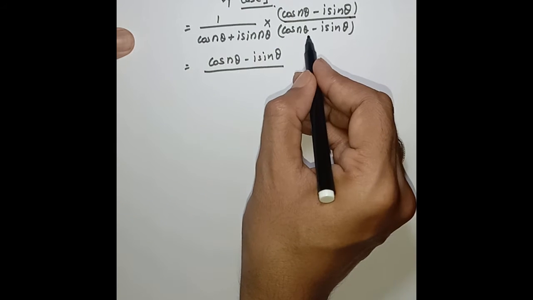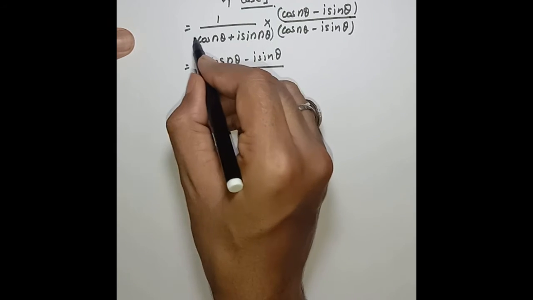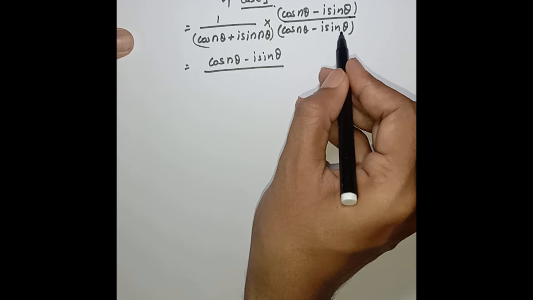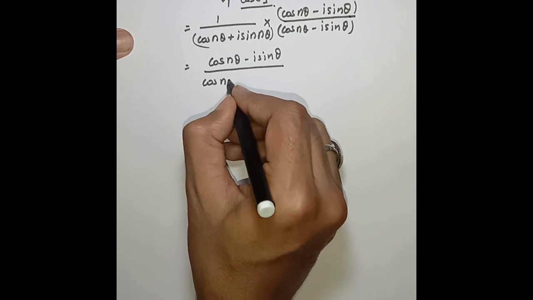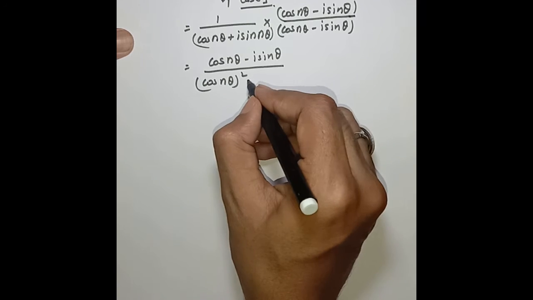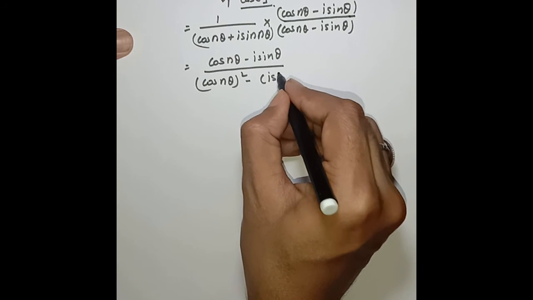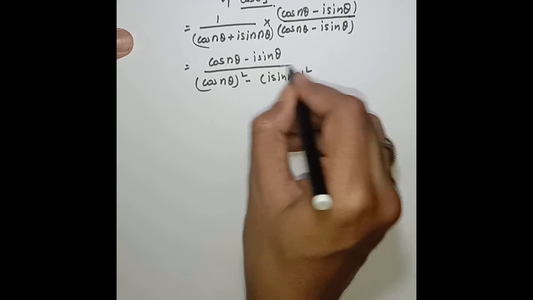In the denominator we can see that (a plus b) into (a minus b) gives a square minus b square: cos nθ whole square minus i sin nθ whole square.